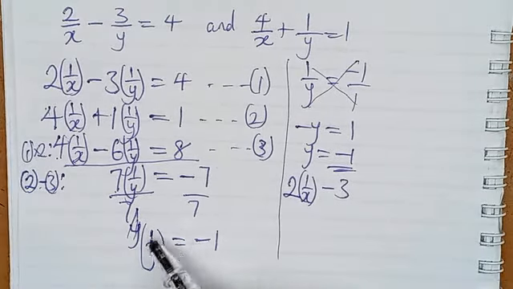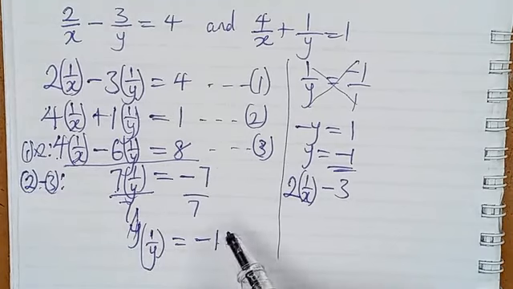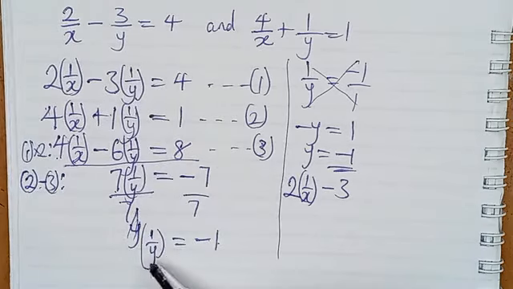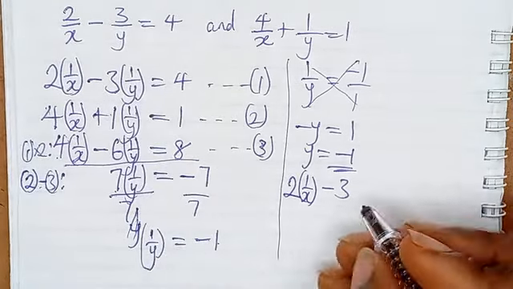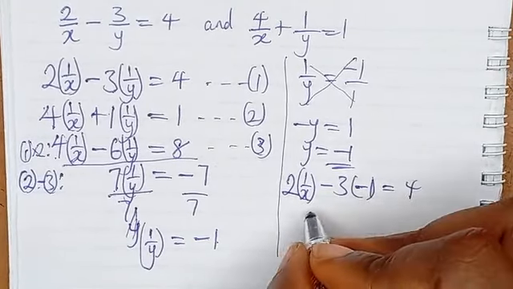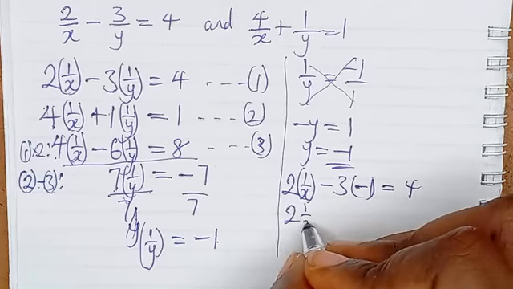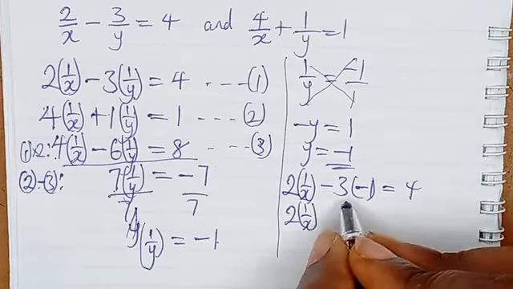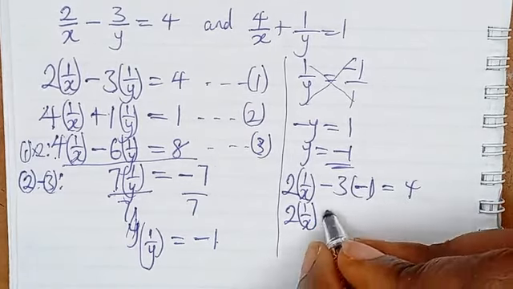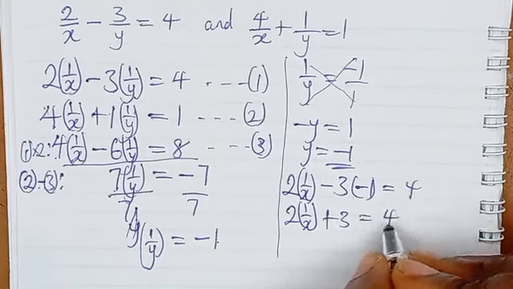Remember from here that 1 over y is equal to negative 1. So it's easier for us to substitute it here. 1 over y is negative 1. So we have into negative 1 equal to 4. We have that 2, 1 over x minus 3, minus times minus 1 is equal to plus 3, is equal to 4.